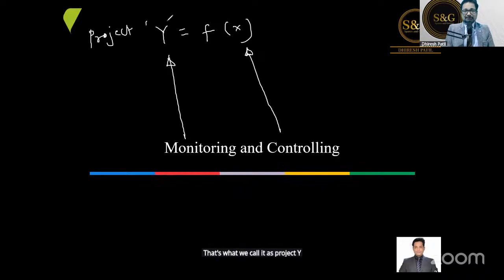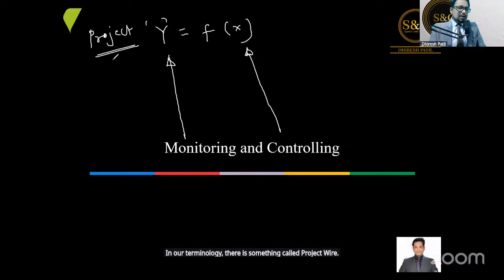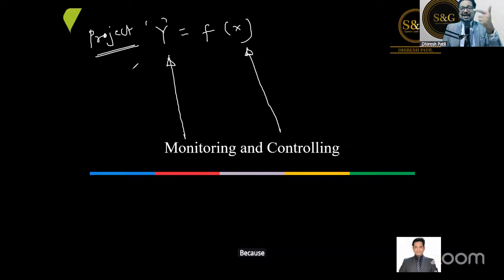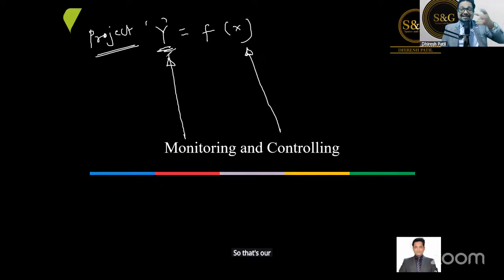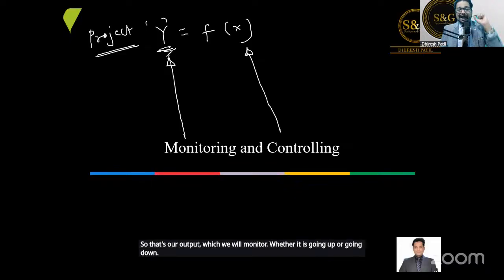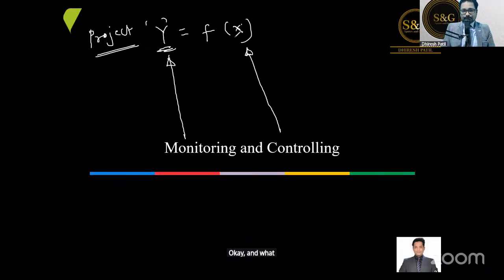Remember, in our terminology, there is something called project Y. Why is it project Y? Because attrition, downtime, average handling time, quality issues, customer complaints, these are our projects. So that's our output, which we will monitor, whether it is going up or going down. And what is X?